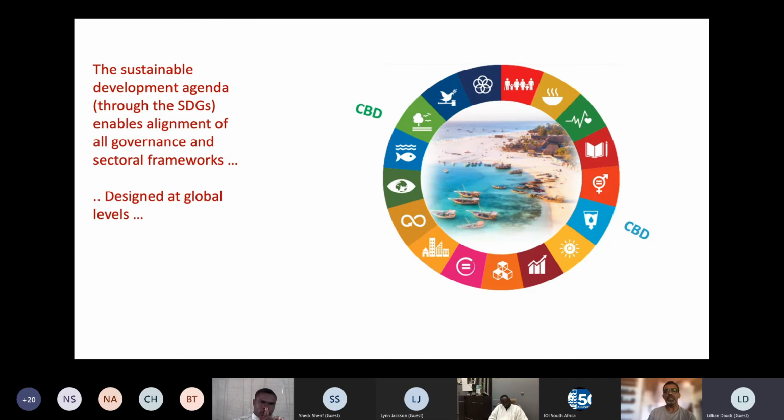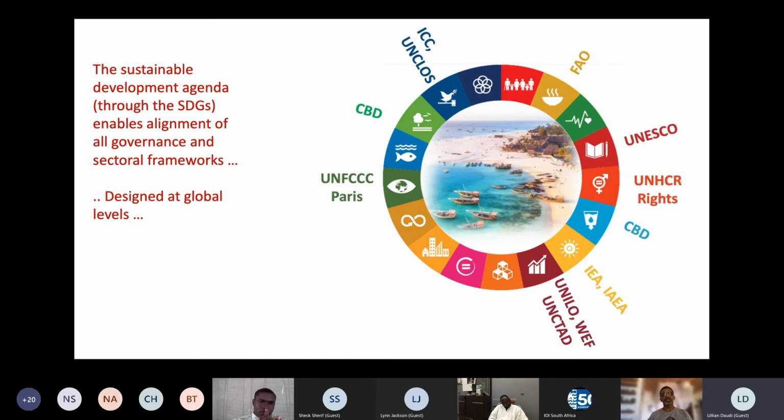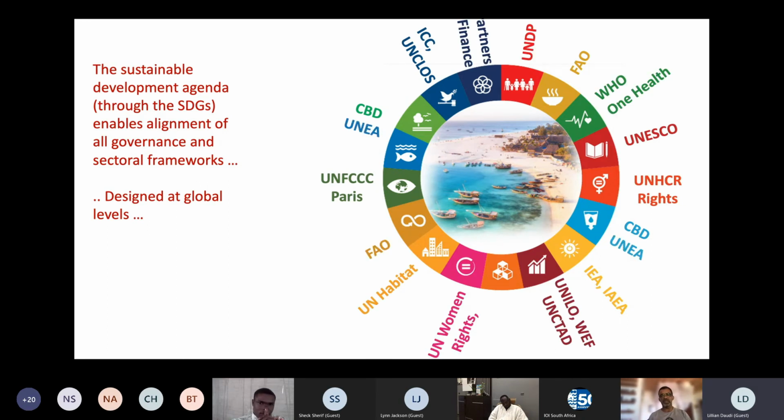So the idea here then is to show that the Sustainable Development Agenda, and particularly as expressed through the Sustainable Development Goals, which is the language that we have from now until 2030, really enables alignment of all governance and sectoral frameworks.